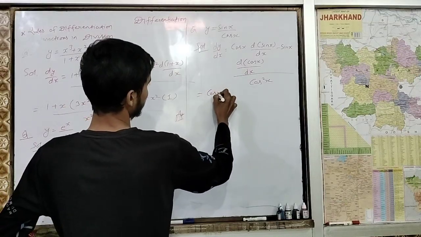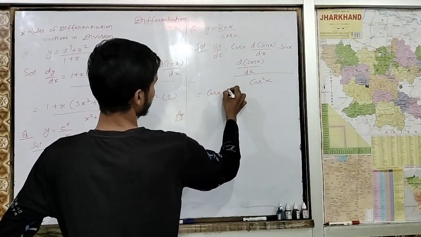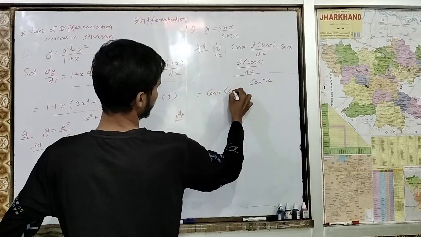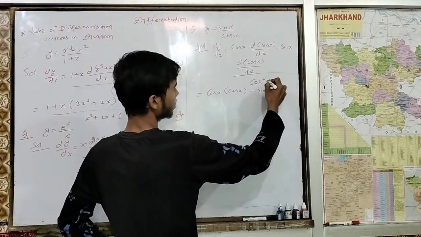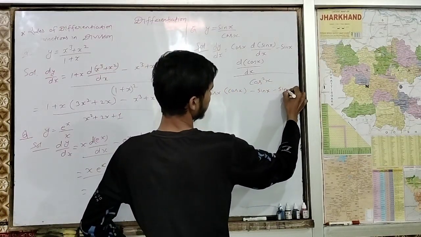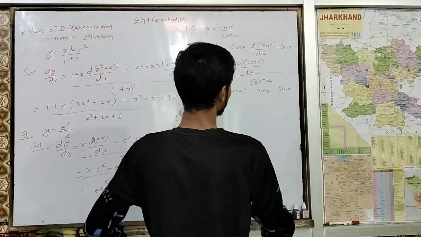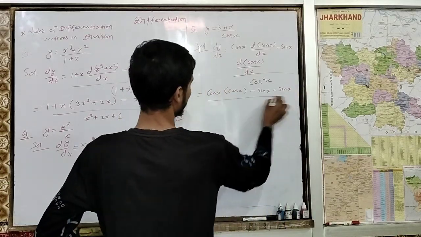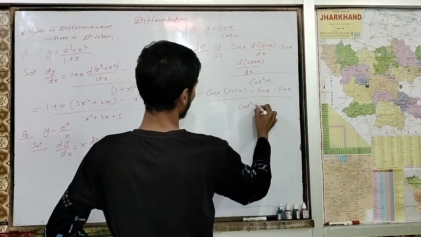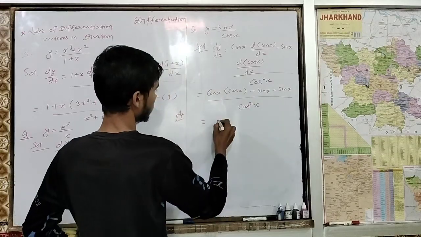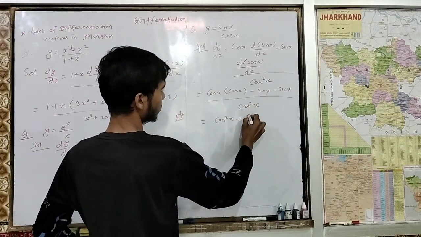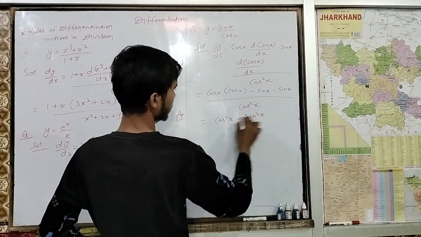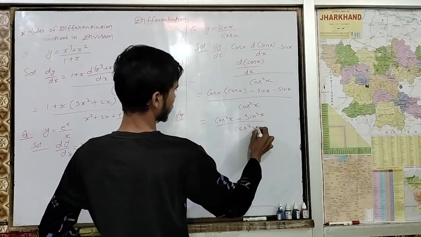Cos x will be as it is, sin x will become cos x, then minus sin x into cos x will become minus sin x. This is upon cos square x. Here it is nothing but cos square x, minus minus will become plus, sin square x upon cos square x.